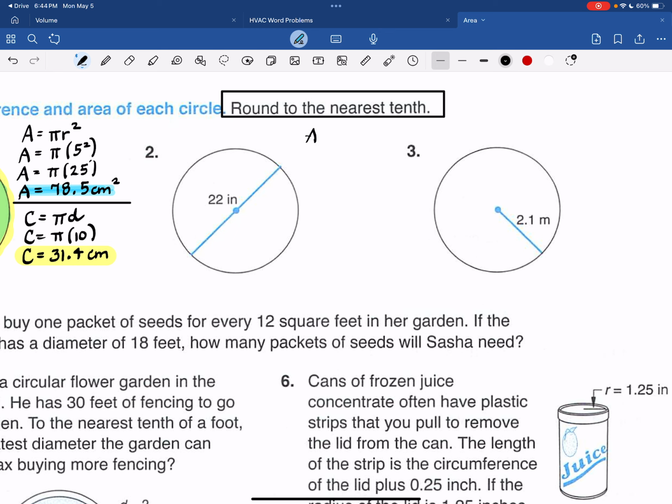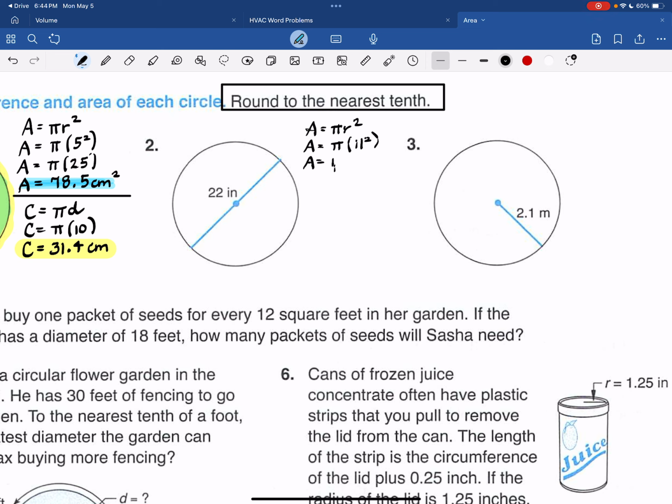On number 2, we're looking for area, or you can do circumference first. It doesn't matter. Area is pi times the radius squared. So pi times 11 squared, which is 121. And at this point, I'm bringing in pi, 3.14. And that's going to be approximately, all of these are approximate because pi is rounded, 379.9 square inches.